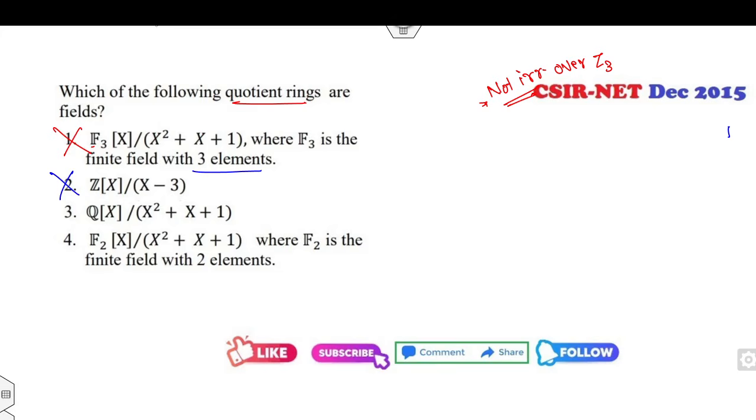Now, x square plus x plus 1 and second is Qx. We all know Qx is a PID. Fine. We only need to prove that this is irreducible. How can you prove that this is irreducible? Since the constant is 1, we can't apply the Eisenstein criterion directly. I can shift it, say x plus 1.